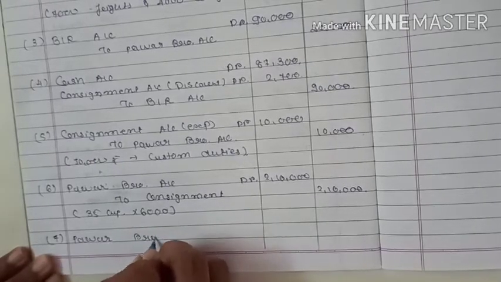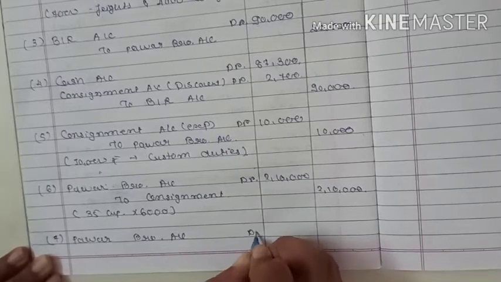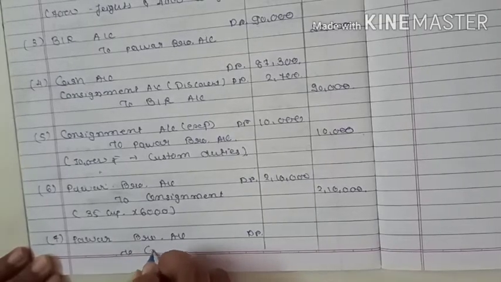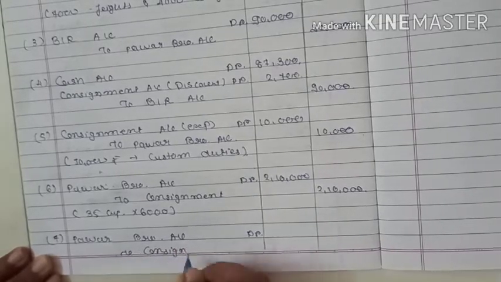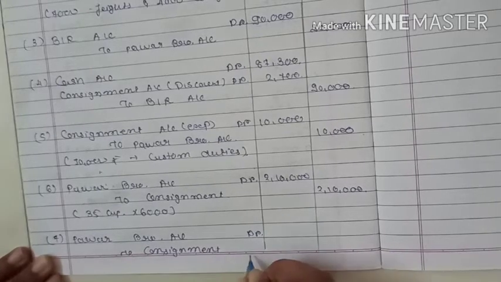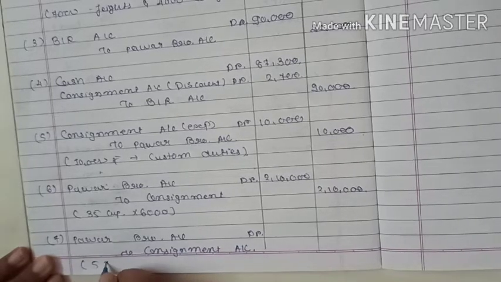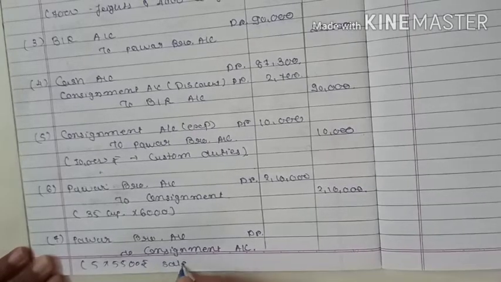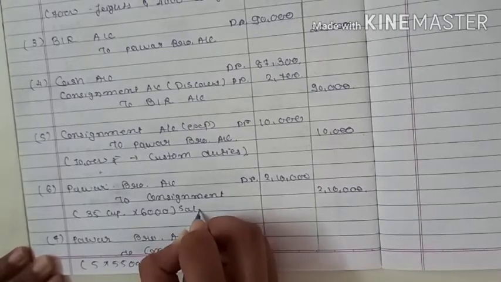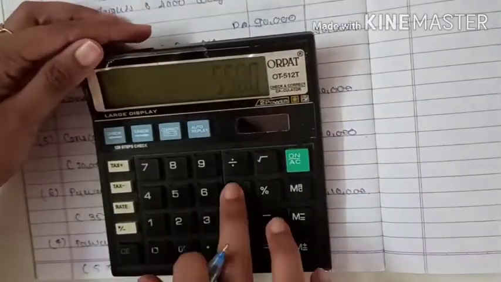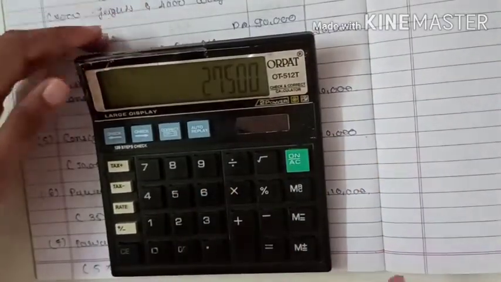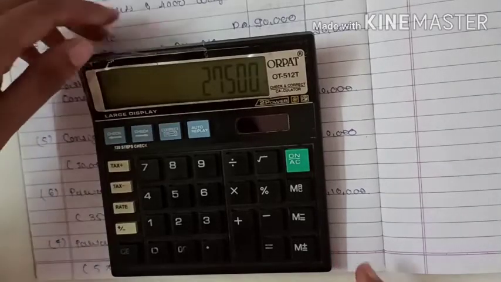Pawar Brothers account debit to consignment account. We have to find out the amount. 5 cupboards at 5,500 rupees. So 5,500 into 5, 27,500.